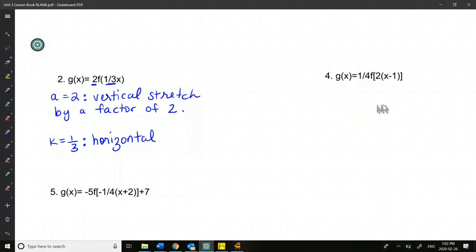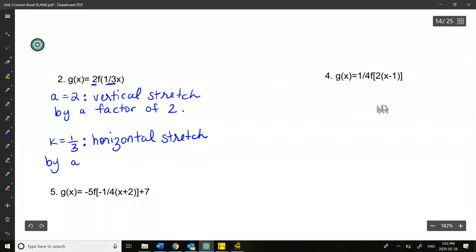Between 0 and 1. Okay, so if you look at your summary that we just wrote, what does the K value between 0 and 1 do to our graph? Okay, and what would we say by a factor of here? So essentially 1/K just means reciprocal. So what's the reciprocal of 1/3? Or just 3, right? Yeah. Perfect.